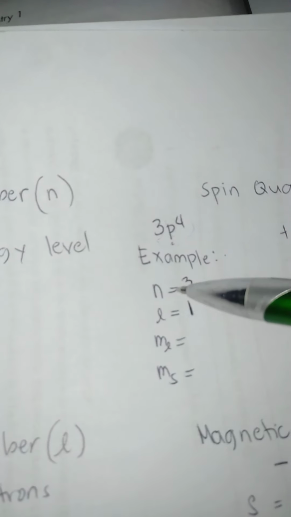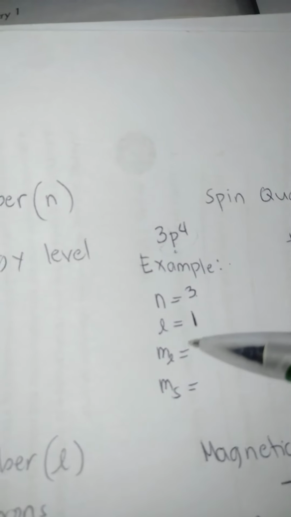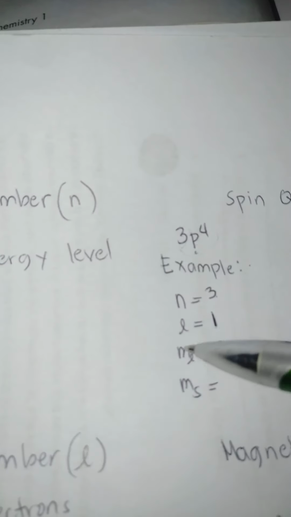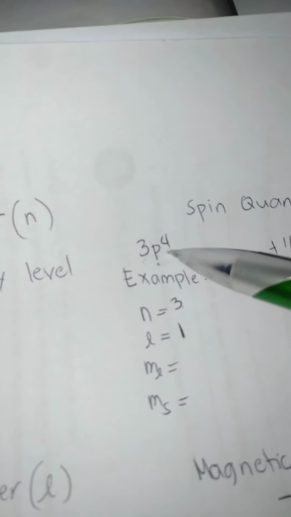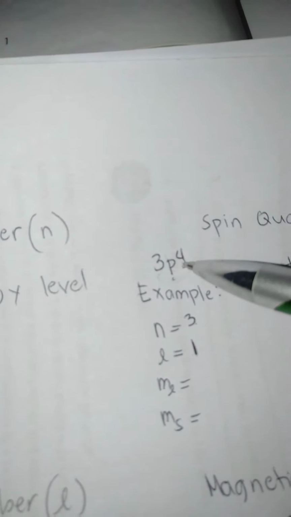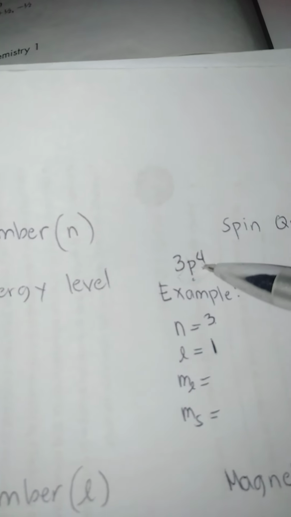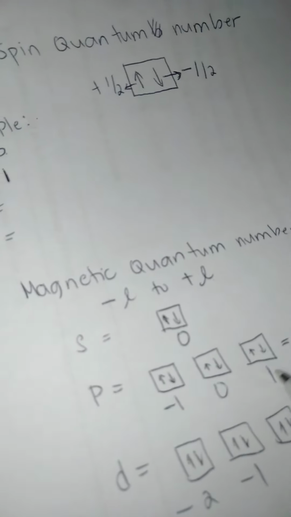So we have energy level of 3, and we have an azimuthal quantum number of 1. How about the m sub l? Finding the m sub l is by looking at the number of electrons above. So we have 4 electrons. Where can we find the location of these 4 electrons? By using the 3 orbitals.